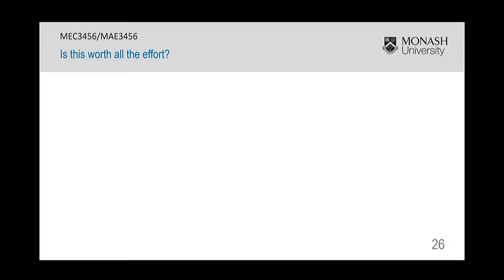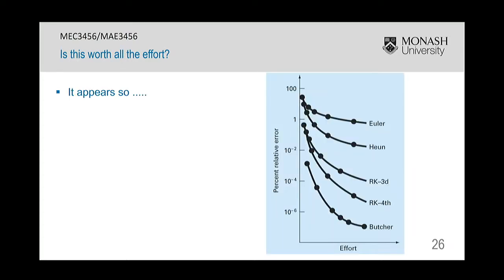So it seems like quite a lot of effort. Is it worth it? Well, it appears to be. Along this axis is the amount of effort we have to do, where effort is loosely defined as the number of arithmetic operations, and here is the percent relative error. The Euler method has an error that's right up there. Heun's method, and the midpoint method as well, are significantly lower.